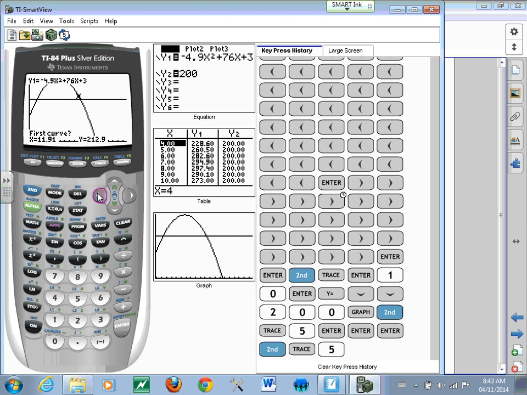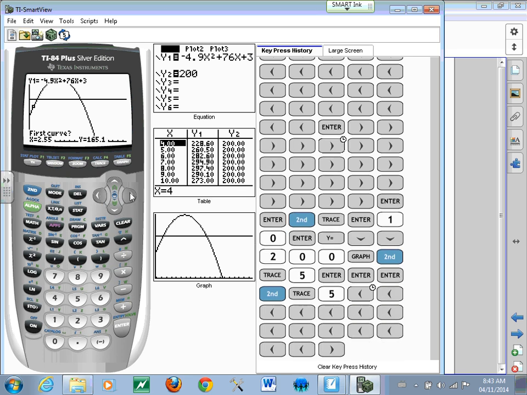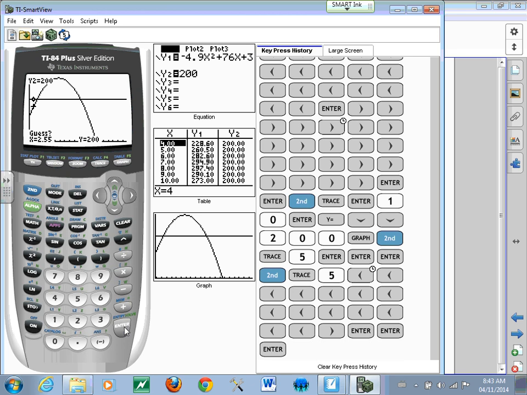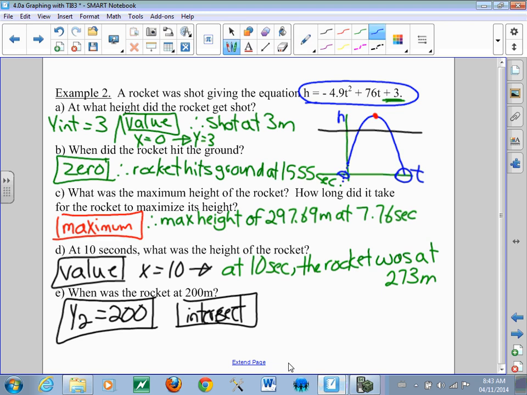Bring the cursor to the other side of the vertex, so you get the first point of intersection. Perfect. Anywhere over there is fine. Okay, so go enter, enter, and 3.29. So our two answers there, guys, were 3.29 seconds and 12.22 seconds.